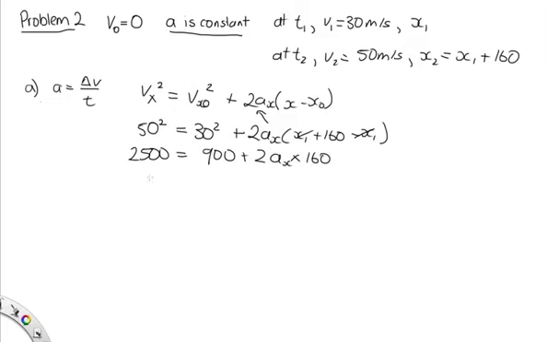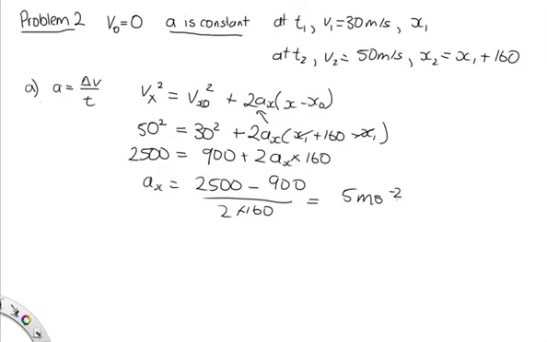Just rearranging this, we have ax is equal to 2,500 minus 900 over 2 times 160, and putting that into the calculator gives us 5 meters per second squared.